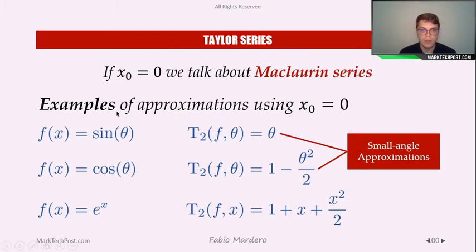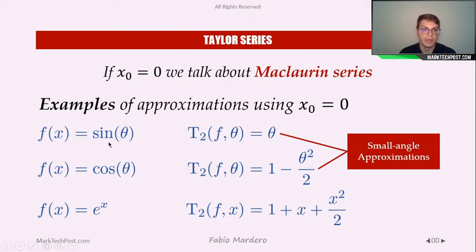For example, in physics, we use a lot of these Taylor approximations, in particular the so-called small angle approximations. If we consider the function f as the sine of the angle, then the Taylor polynomial of degree 2 with respect to x0 equal to 0 is equal to the angle itself.